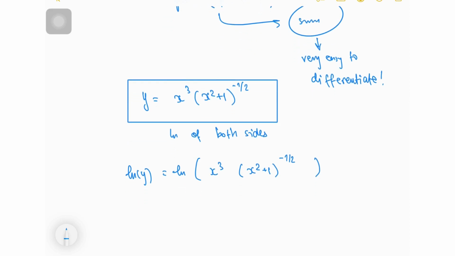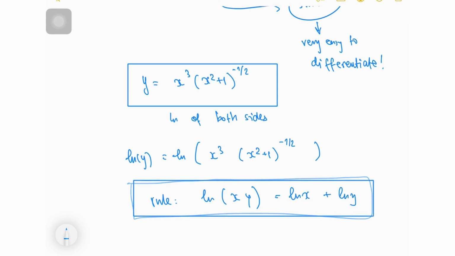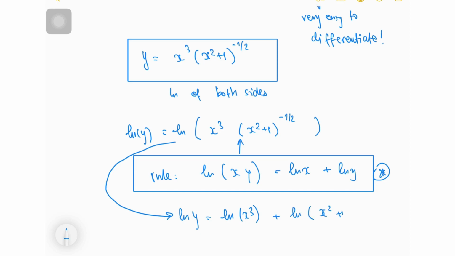Now this ln, the natural logarithm, the rule says when you have ln of xy, that is ln of x plus ln of y. This is the rule for natural logarithms or logarithms in general. So having this rule, that becomes ln y equals ln x cubed plus ln of x squared plus 1 to the power minus 1/2.